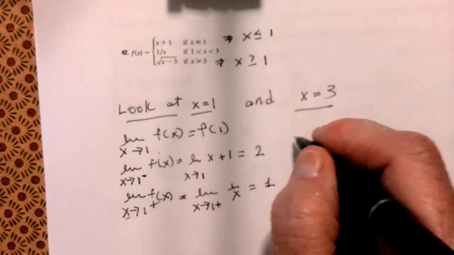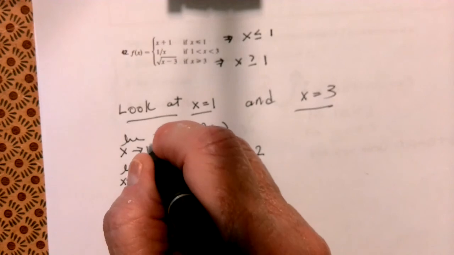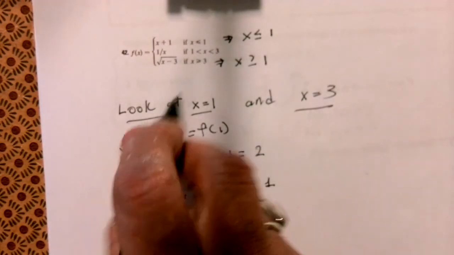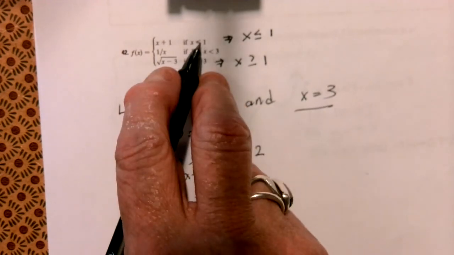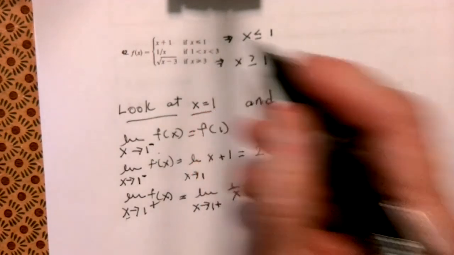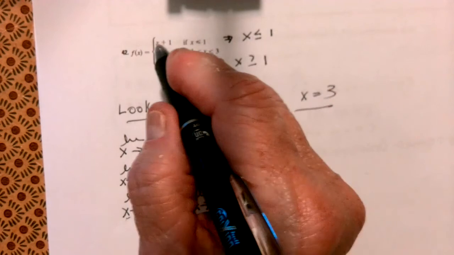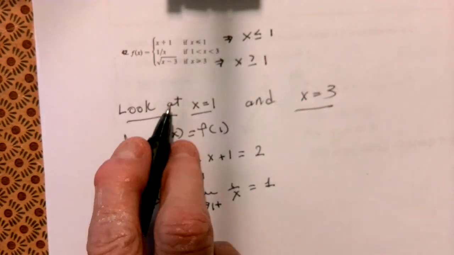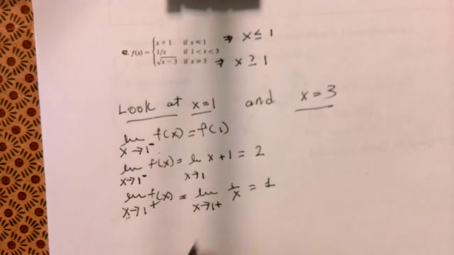I probably should have put a minus sign right there, because it's equal to 1 coming in from the left. That's because that's where the equal sign is. So f of 1 is using this piece, which would be 1 plus 1, which would be 2. So that should have said coming in from the left.